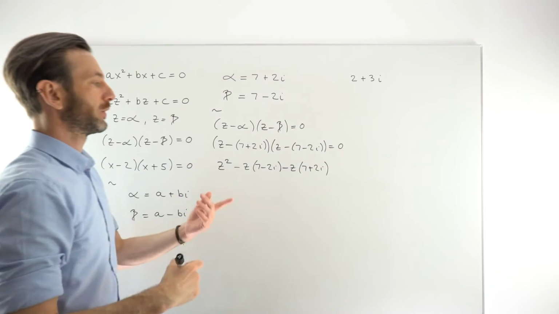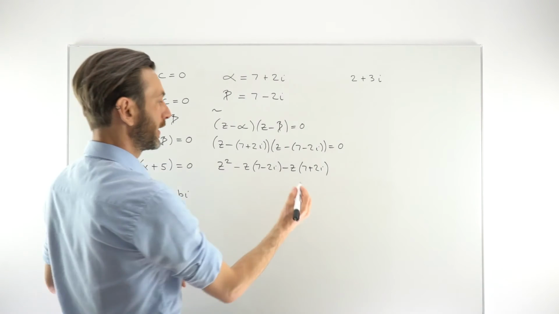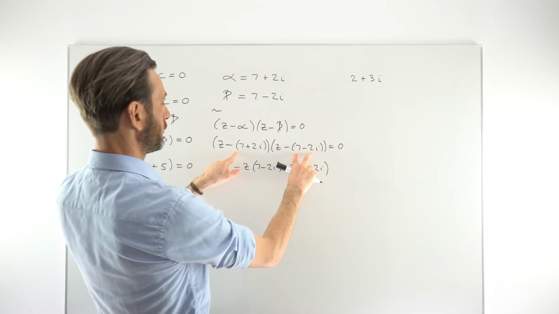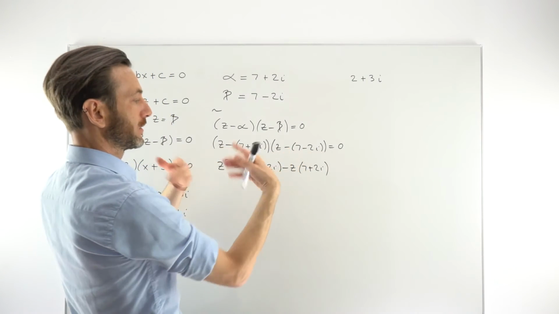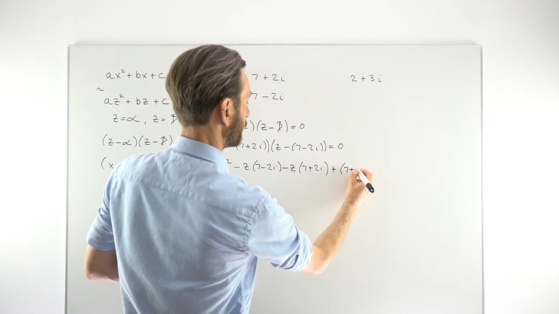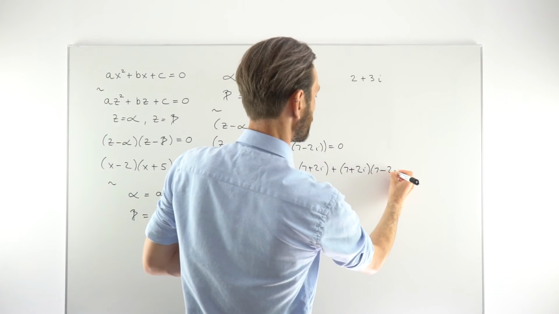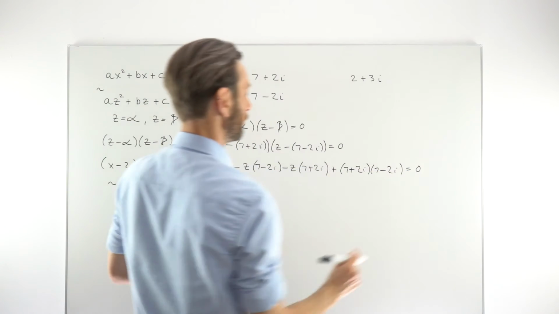It's the fact that we're dealing with the conjugates which later on is going to allow the algebra to tidy up quite quickly. And then finally, we've got these two multiplying. The minus times a minus gives you a plus. And then we're going to have (7 plus 2i) times (7 minus 2i), and all of that equal to 0.